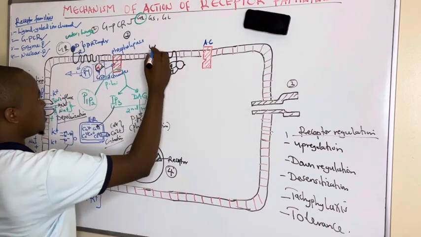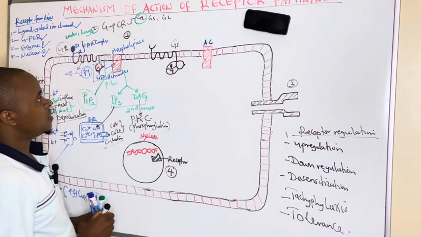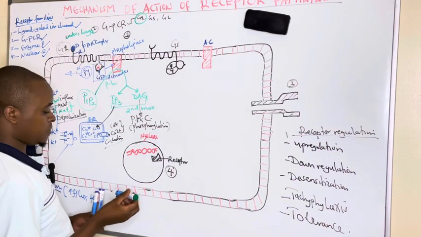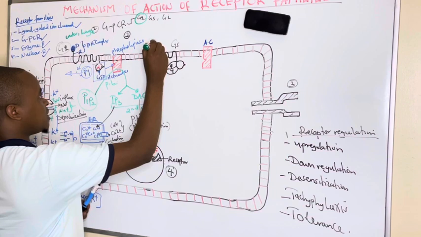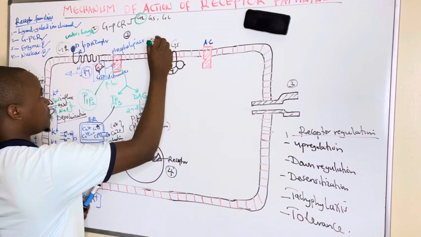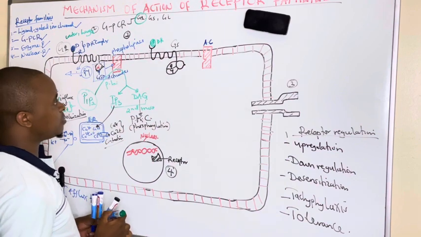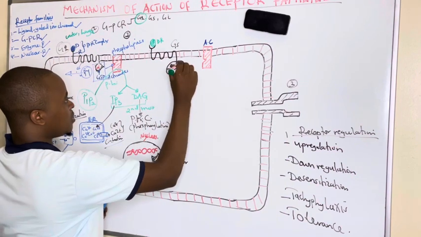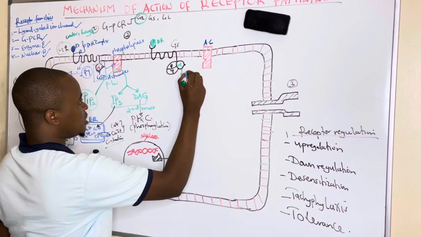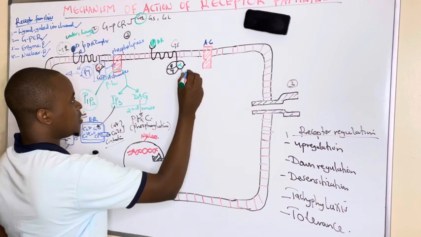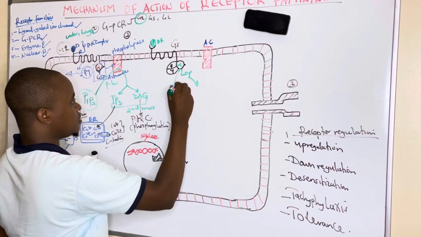Then this one is going to be the Gs receptor, where Gs is G stimulatory. When the drug binds on the receptor to form a drug-receptor complex, it causes a conformation change in the G protein, leading to the alpha subunit, which was initially bound to GDP, being released and binding to GTP.